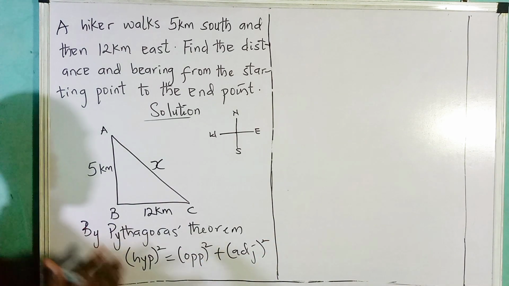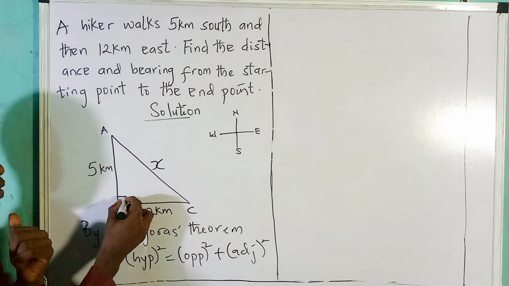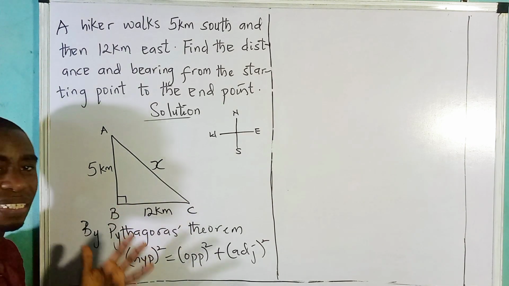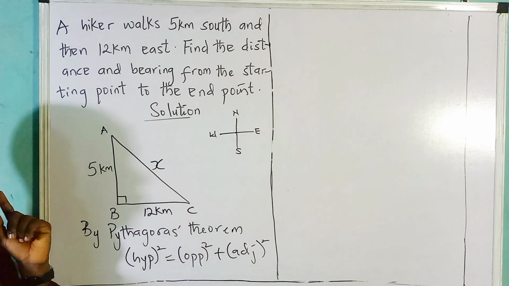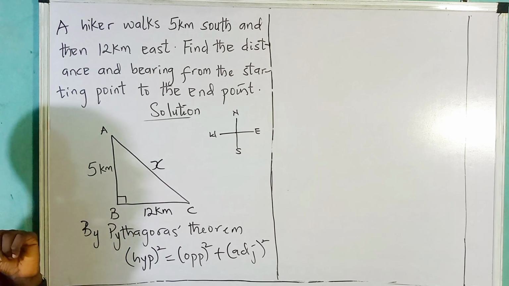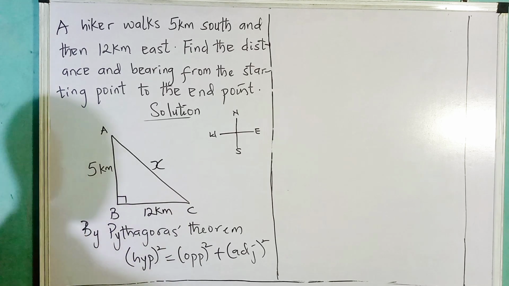The hypotenuse is the side in a shape that is facing the right angle. This is the right angle, the point where the right angle is formed. And in most cases, to get it easy, it is the longest side. Okay, so this is our hypotenuse.